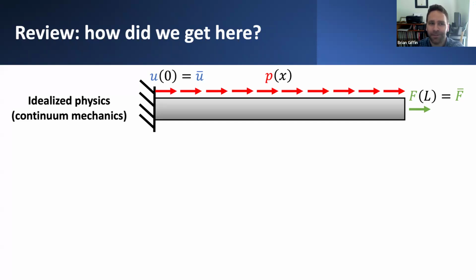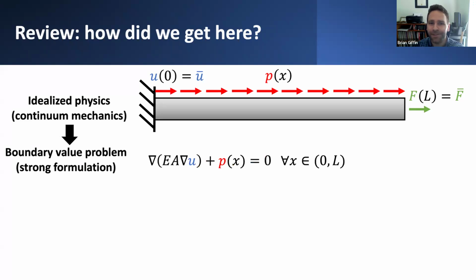A boundary value problem, which we expressed in one of two different ways. We could express it through the strong formulation of the problem, which was a statement of some governing differential equation, a statement of equilibrium that had to be satisfied in a pointwise sense at every location x along the length of this one-dimensional structure of interest. We tried to solve some of these boundary value problems, and in some cases it was easy to do.